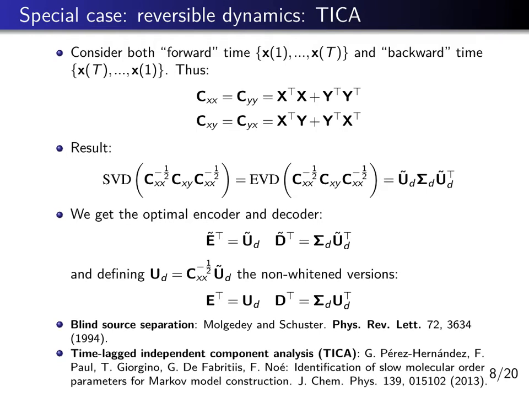And later this method has become known as time-lagged or time structure-based independent component analysis, or TICA, and in 2013 we have worked out the relationship between TICA and what is being optimized for a molecular dynamics system.